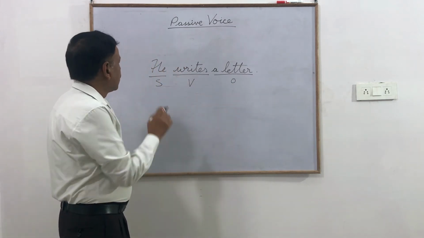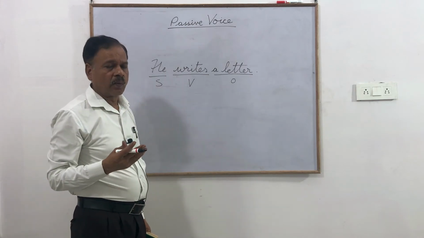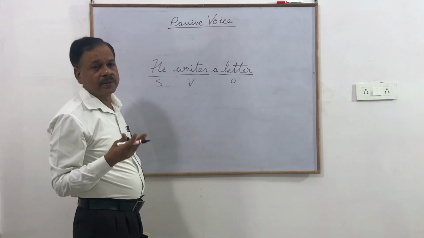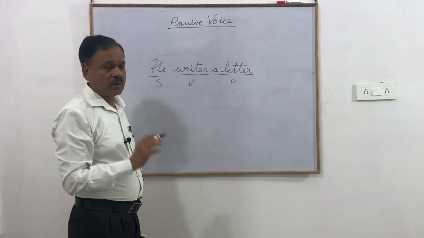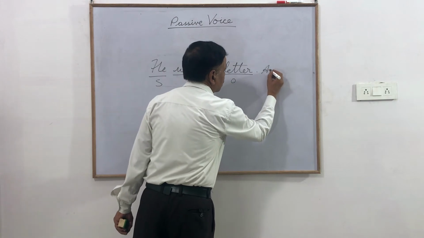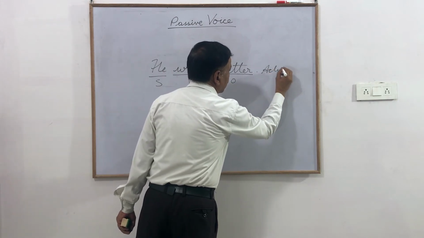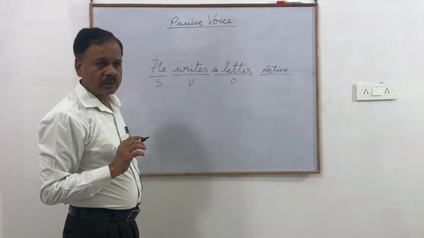Now here our subject he does something. What does he do? He writes a letter. So this is in the active voice. That means the verb writes is in the active voice.